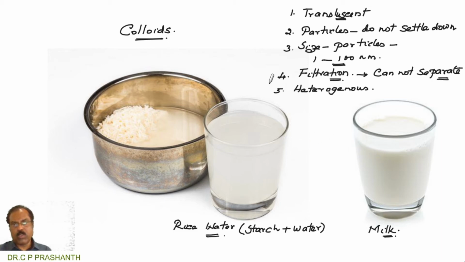So colloids are heterogeneous mixtures. We cannot separate the particles by filtration. Size of the particles is a little bigger than solutions, in the range of 1 to 100 nanometers, and they do not settle down, and they are translucent.